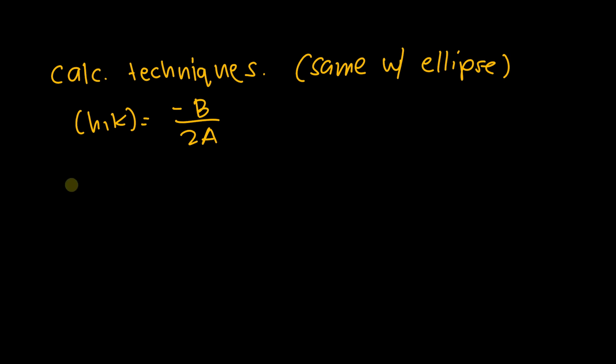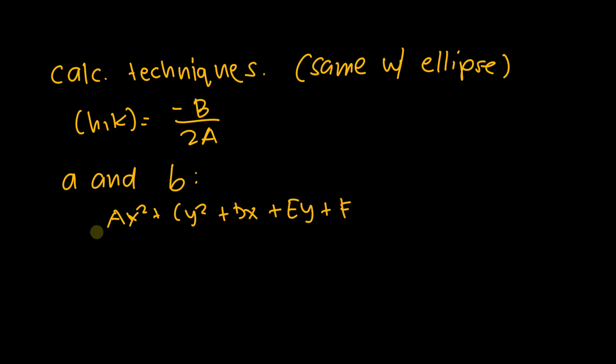To get a and b, okay, a and b, same lang gihapon class ha, na ax squared plus cy squared plus dx plus ey plus f divided by a or c. Same lang gihapon ha, i-type ninyo ni siya, where x and y nimo, sa x and y is coordinate sa imuhang center.